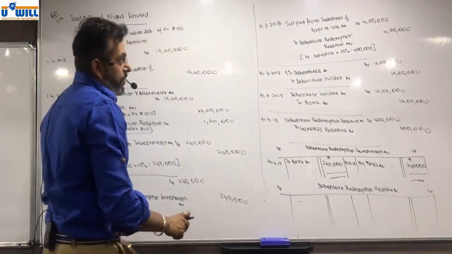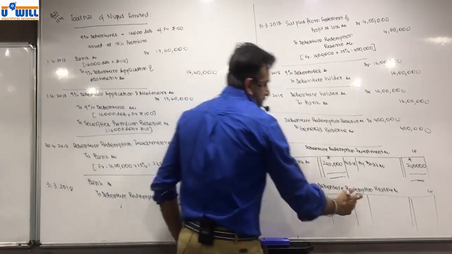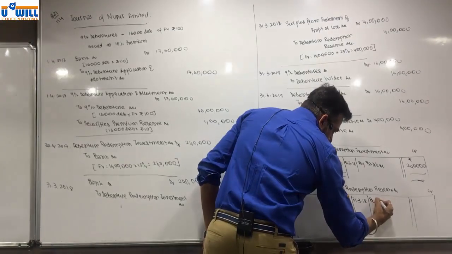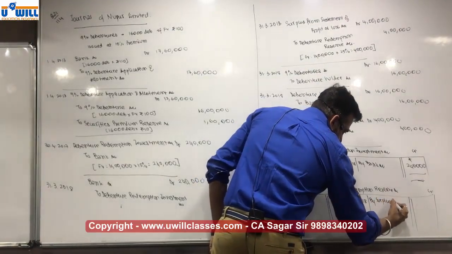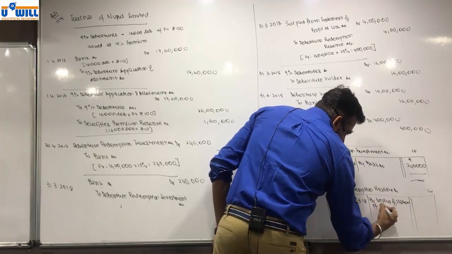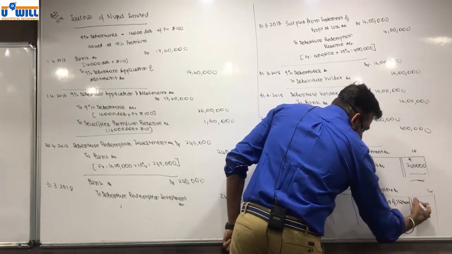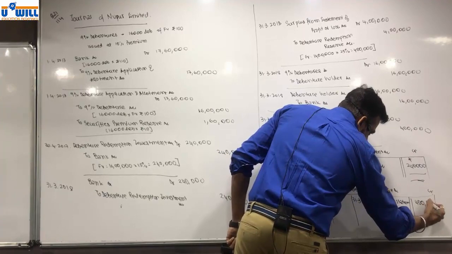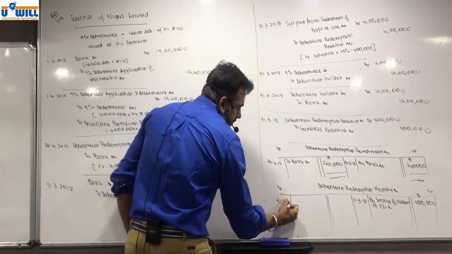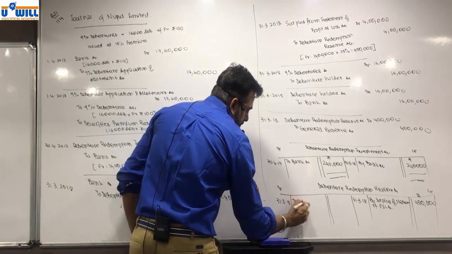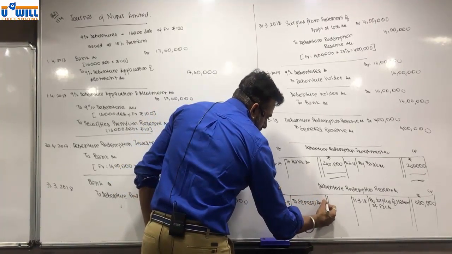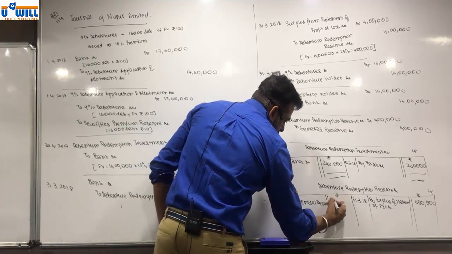Debenture redemption reserve account credit on 31/3/2018 by surplus of statement of profit or loss account 4 lakhs and 31/3/2018 to general reserve 4 lakh.